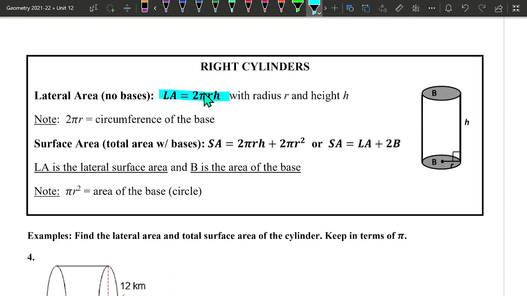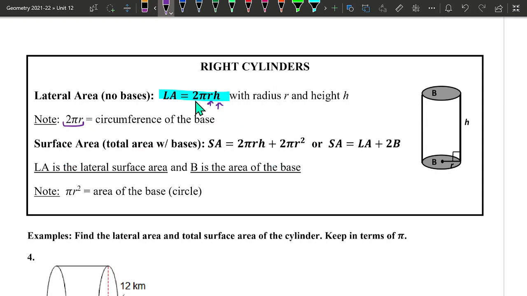The perimeter of a circle is 2 pi r. 2 pi r is the circumference of the base. Circumference is that special word for a circle that means perimeter of a circle. So it's the perimeter times the height. So it's the same thing. So 2 pi r h, you just need to fill in the radius and the height of the cylinder.